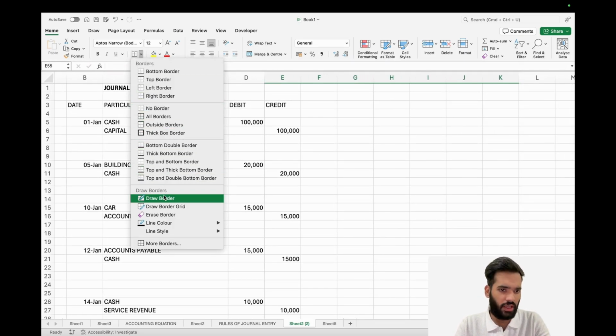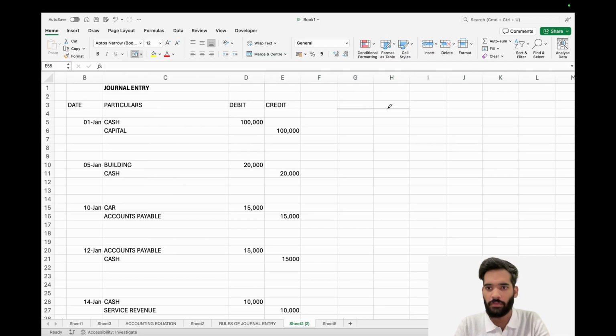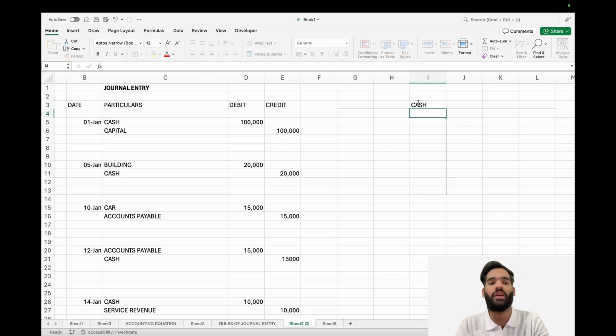To make a T account, we'll simply draw a T. There you go. We have to make a T account for each account because I need to find the total balances of each account by the end of the year. And why do I need to do that?